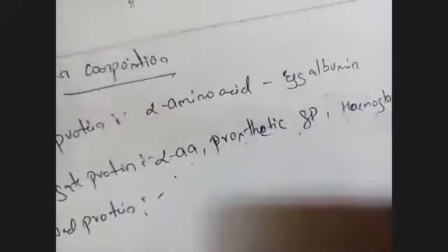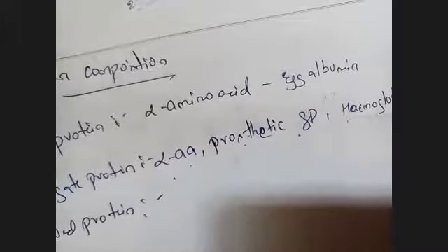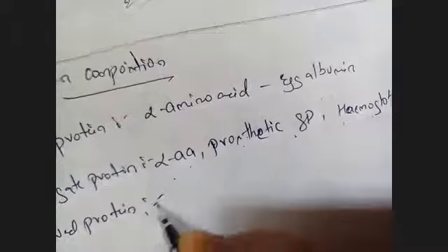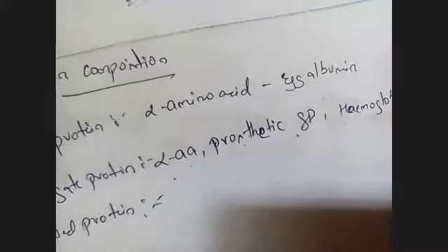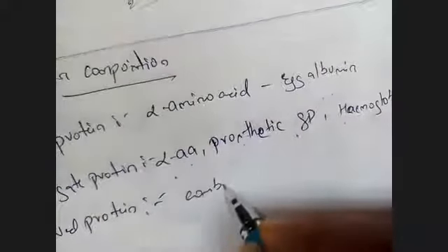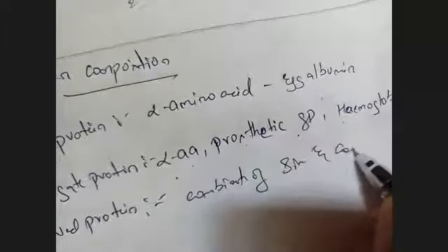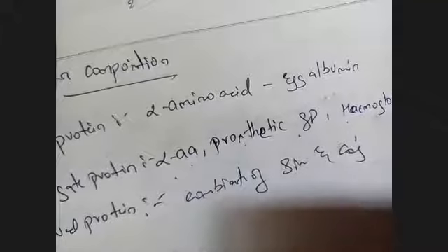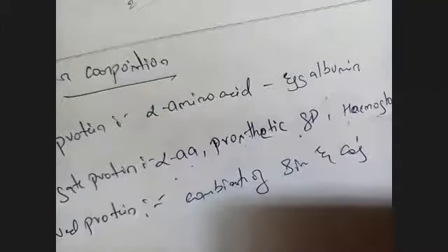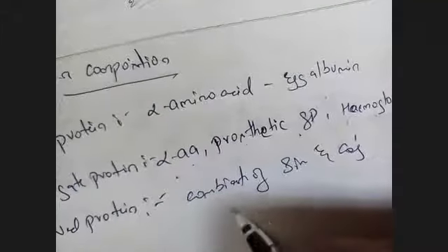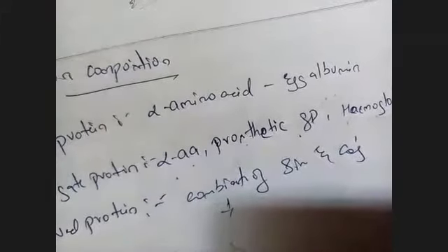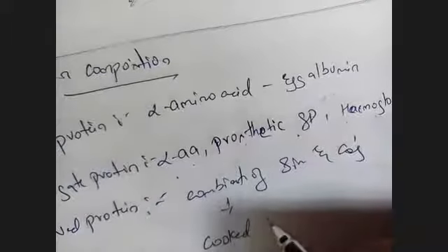Next, derived protein. What do you mean by derived protein? It's a combination of simple and conjugated protein. Derived means it should be derived from the other. So when we heat it, it gets hydrolyzed.